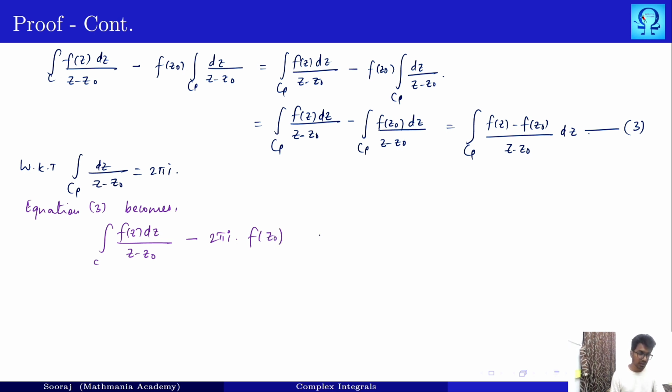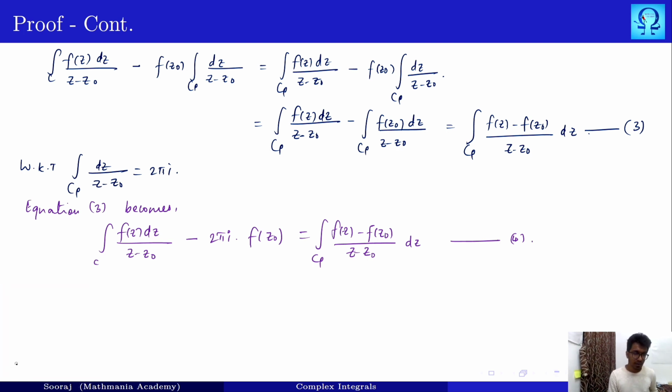So this is what we get, right? Equals the integral over the contour of f of z minus f of z naught upon z minus z naught dz, and we mark this as equation 4. Right?